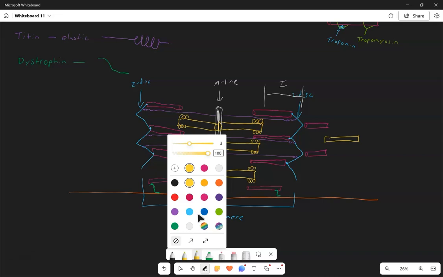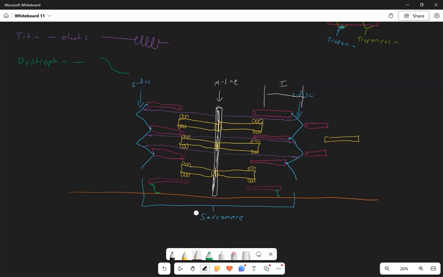So your I band is the region where there is only that thin filament. Now, the region where you have overlap between the thick and the thin filament, that's called the A band. But some people will say that the A band is the entire length of that thick filament.